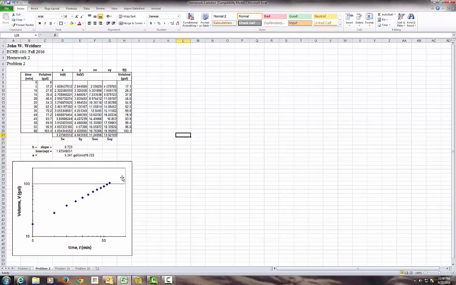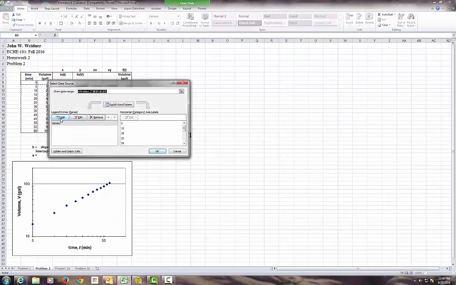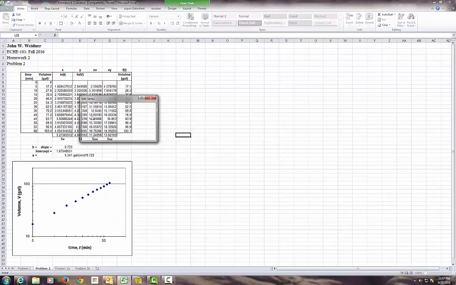Okay, now I want to plot this. So I'm going to highlight the data, right click, select data, add a data set, and my X values are going to be in minutes, and my Y values are volume, but now it's the calculated volume.